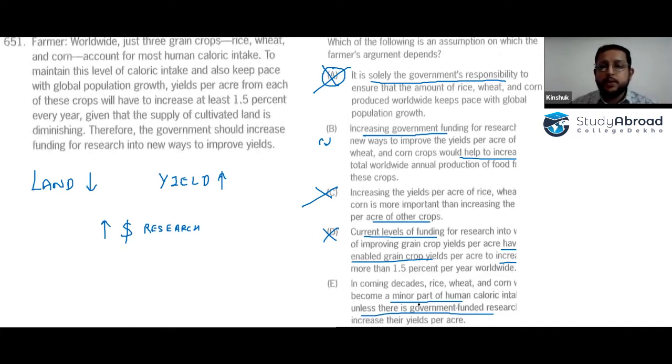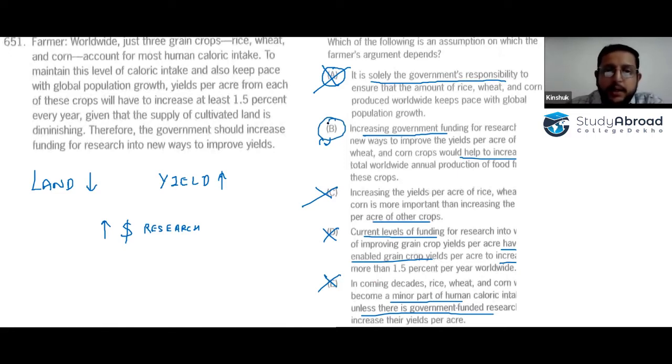The author is not about predicting the future, what is going to happen in the future. The author is saying that the government should increase the funding because we need to find new ways to improve the yield. That is what he's projecting. He's not telling us what will happen years down the lane in the coming decades, right? So no, answer choice E will not be the right answer. Answer choice B is the right answer.